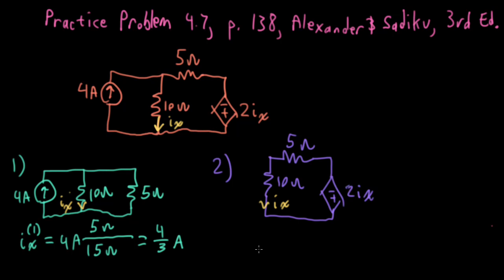Okay, now by Ohm's law, Ix is going to equal minus, because I have a minus sign up here in my controlled voltage source, 2Ix. That's a voltage, and now I need to divide it by the resistance here to get the current, which is going to be 15 ohms. Now, I'm going to be extremely careful here.